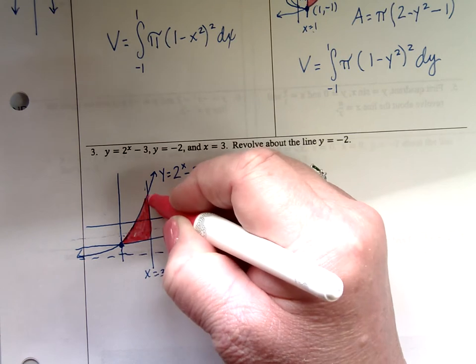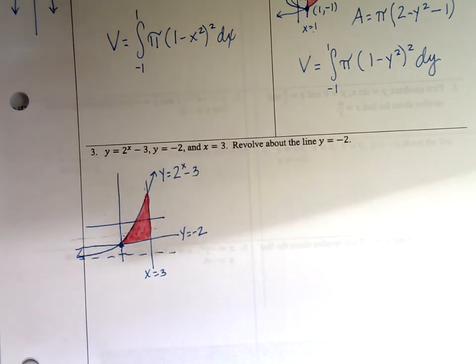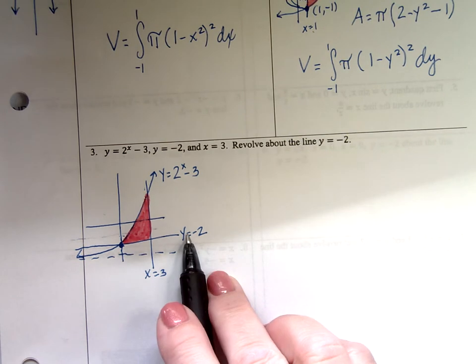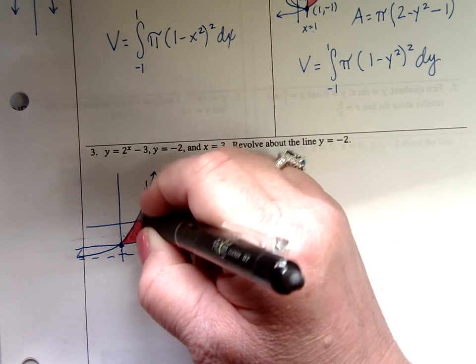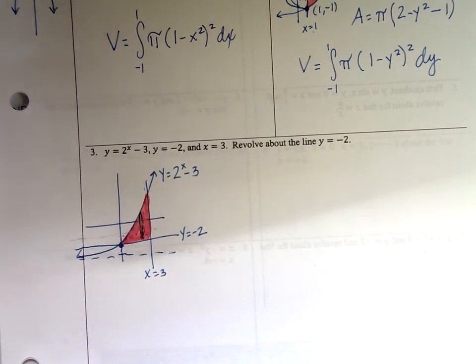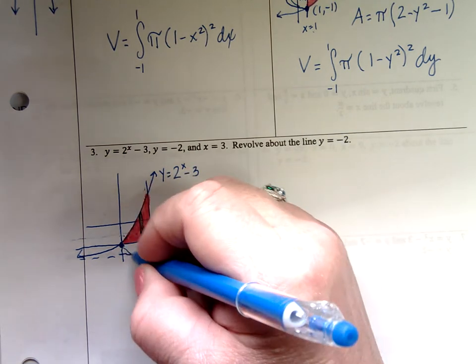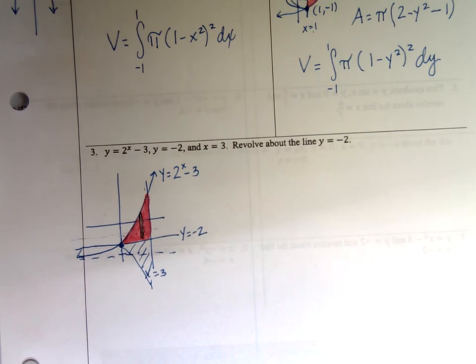Pretty. What am I revolving around? I'm revolving it around the line y equals -2. Well, -2 is here. Perpendicular representative rectangle is going like this. If I were to revolve that just for kicks and giggles, it comes down this way like this. It's going to be revolved around that line.